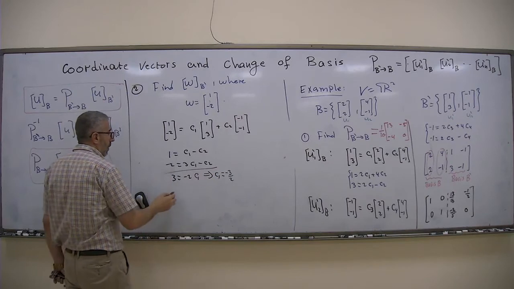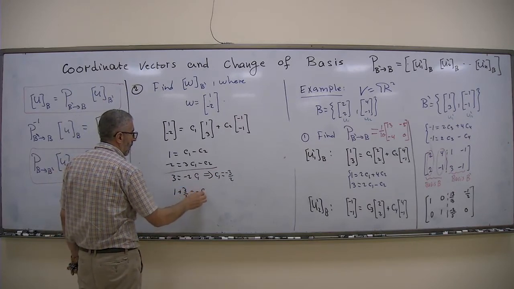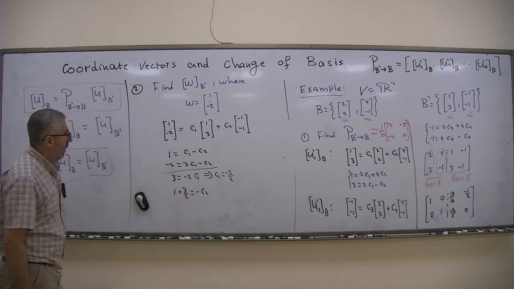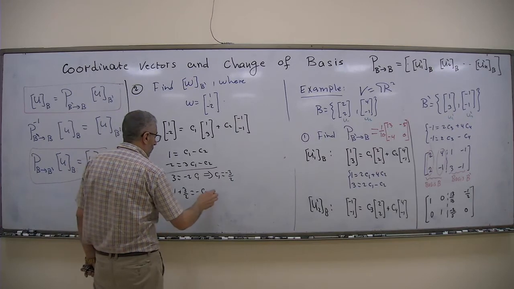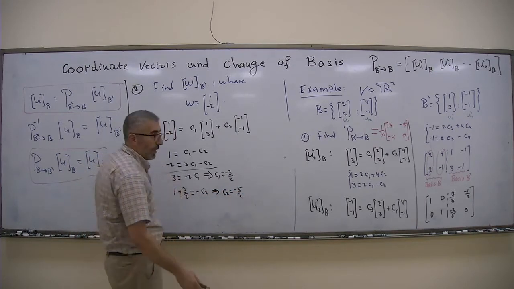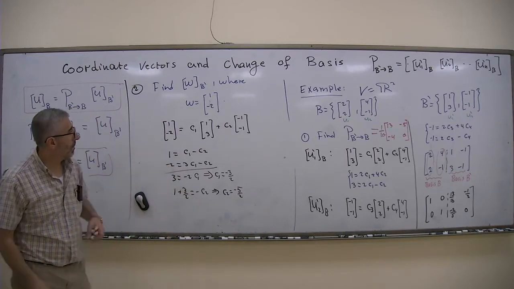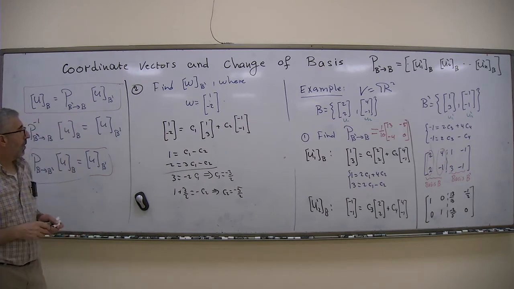And if this is C1, it means 1 plus 3 over 2 is negative C2. So C2 is negative 5 over 2. Double check, please. Am I correct? Okay. All right.